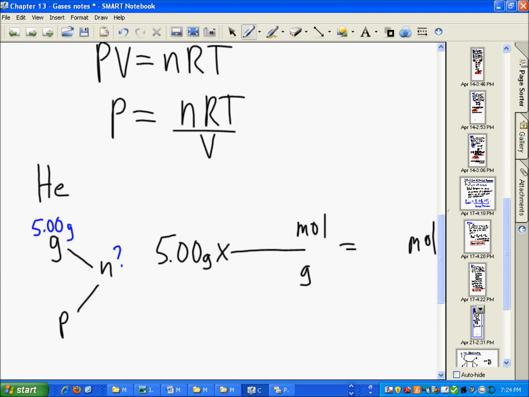And what's the grams per mole for helium? Looking at the periodic table on the wall, 4.0026. So 1 mole is 4.0026 grams.